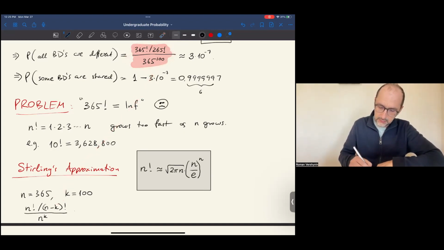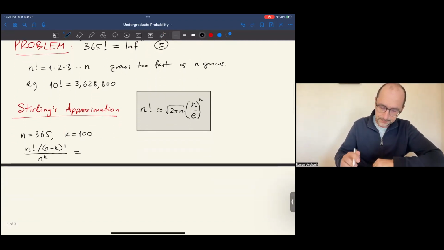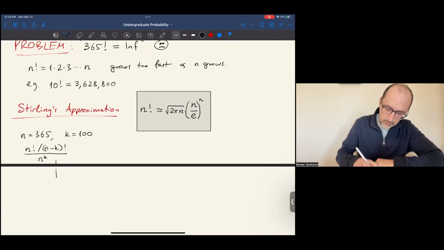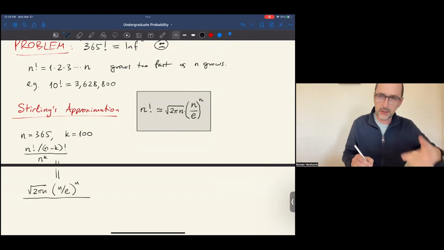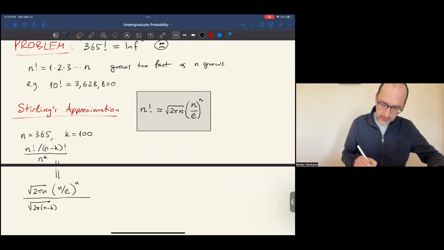Okay, let's do it. Stirling's formula. n factorial, that's root 2 pi n over e to the n. n minus k factorial, I'll move it down, will be root 2 pi (n minus k) times (n minus k over e) to the n minus k.